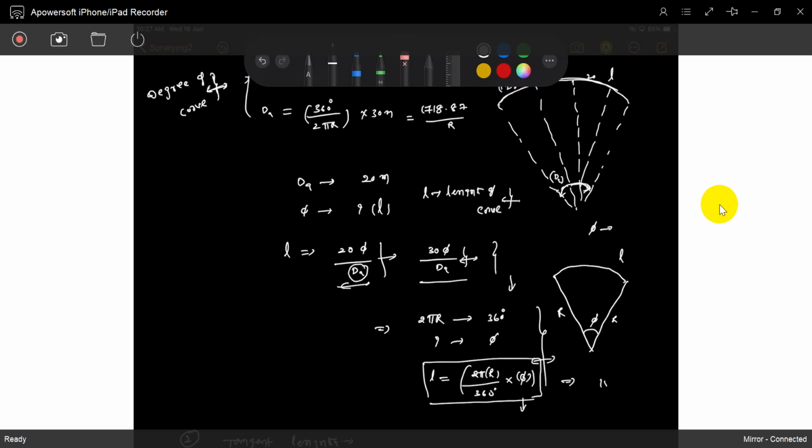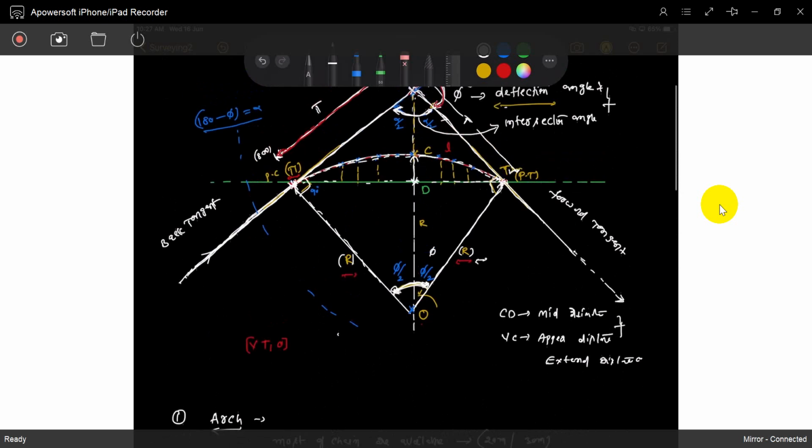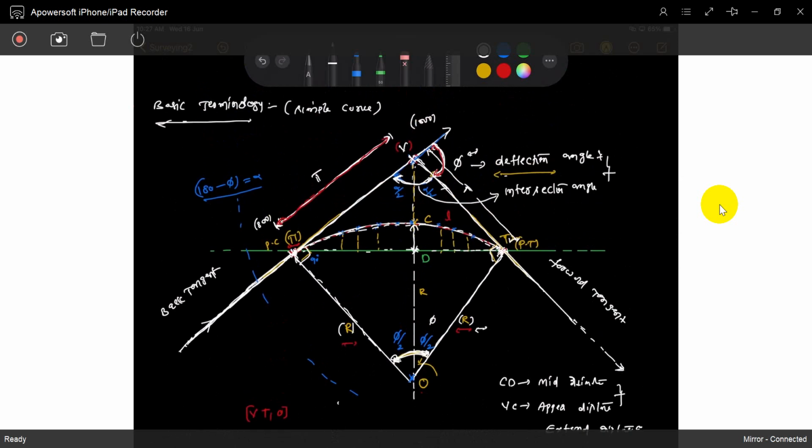Maybe it is 150 or 300, maybe anything. So we can fix those points. This is 800. The length of the curve is maybe 300, so we can conclude this is the 1100 point.